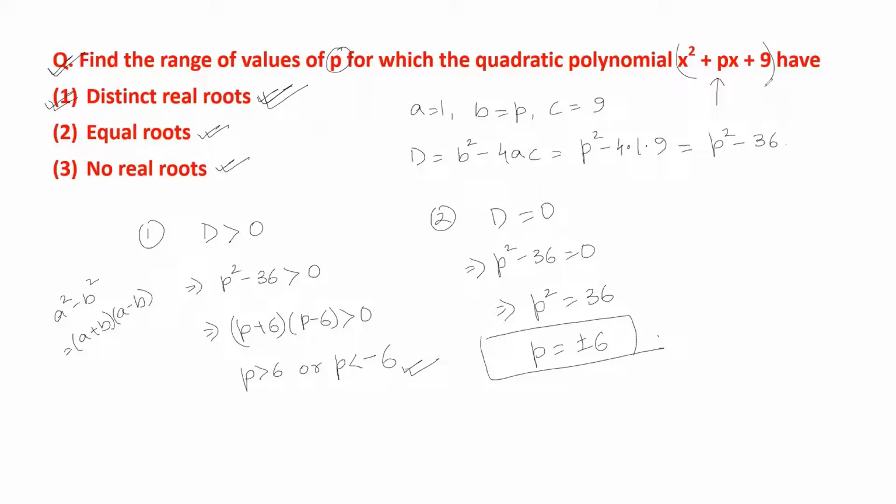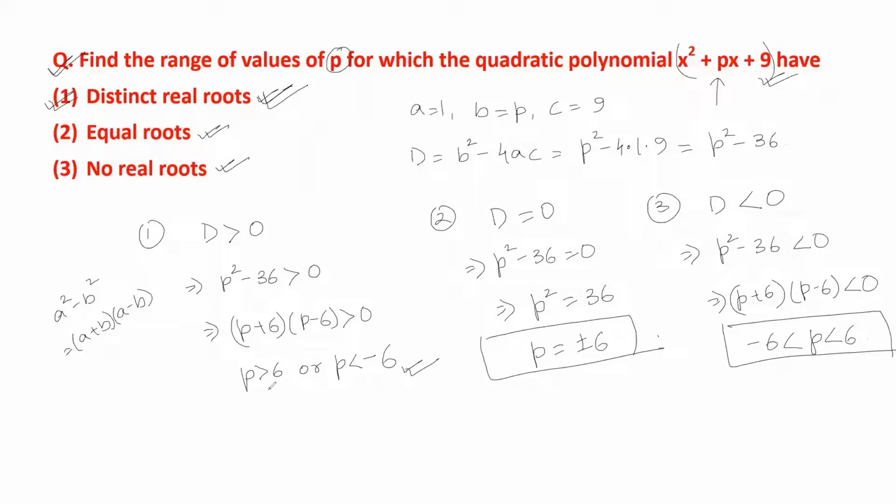In a similar way, for this quadratic polynomial to have no real roots, the discriminant has to be less than 0. So that means p square minus 36 has to be less than 0, or (p plus 6) times of (p minus 6) has to be less than 0, which will give us p in the range of -6 to 6.